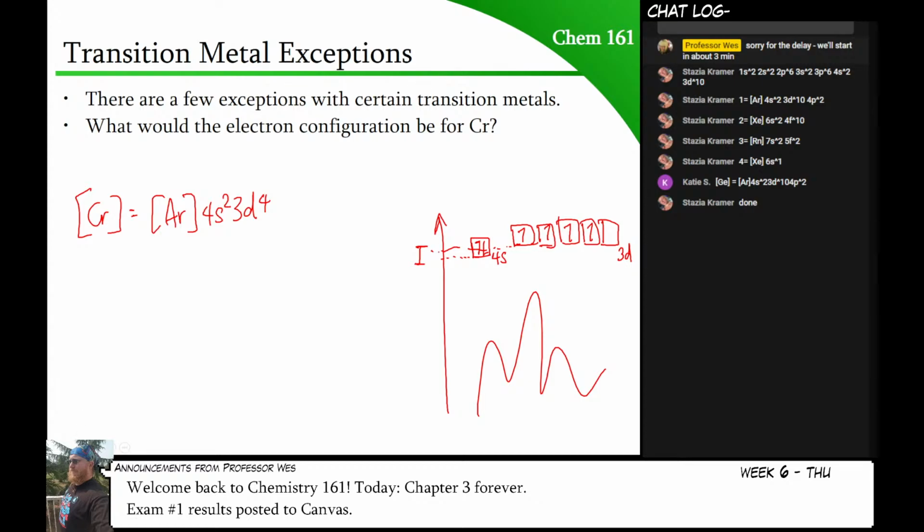And in reality, here's what actually happens. And this is unique to chromium and also all the elements in this group. What we observe instead, and I can't click on the thing to change this, is that we get this.